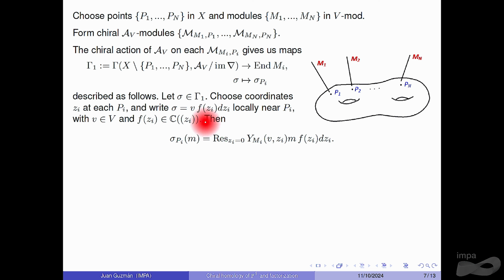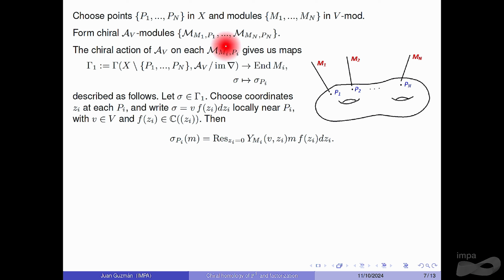So we're going to look at global sections away from the points that we fixed of the chiral algebra, quotiented by something, it doesn't really matter. We can think of them as global sections of the chiral algebra with possible singularities, possible poles at these P's here. And we're going to view how each one of these sections acts on each one of the modules.